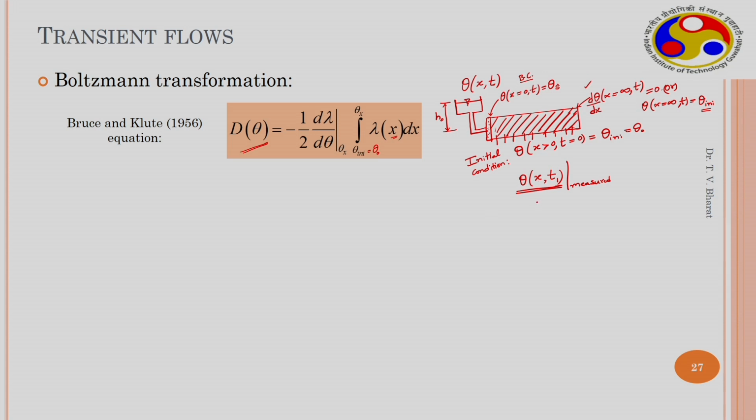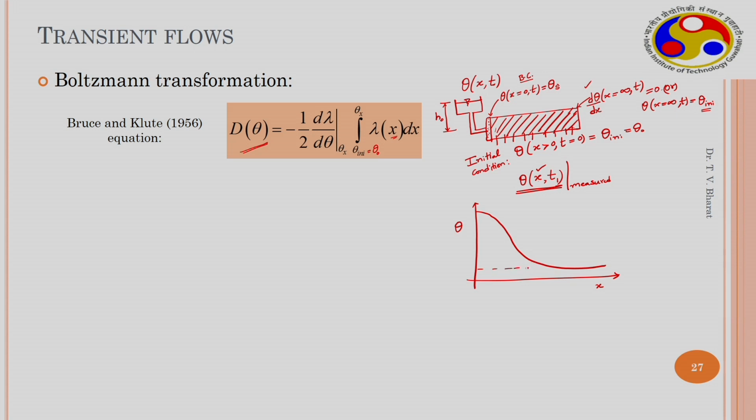So, knowing the spatial location, how does it vary? It varies in this particular manner. So, the gravimetric water content or theta volumetric water content, if you plot with respect to x, then it varies in this particular manner.